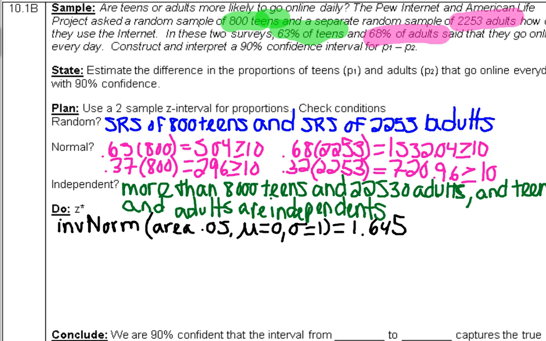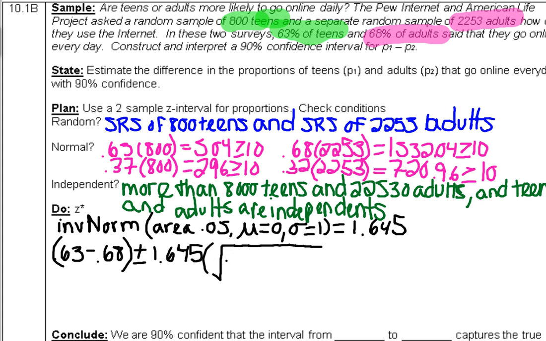So now that we have that critical value, we're ready to set up our confidence interval, where we take the proportion of group 1, teens, minus the proportion of group 2, adults, and then create that margin of error. So now we've got the 1.645. And then we've got our standard deviation.